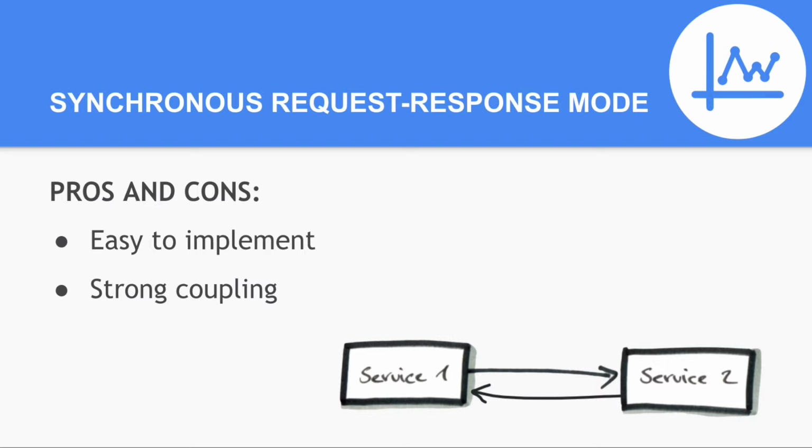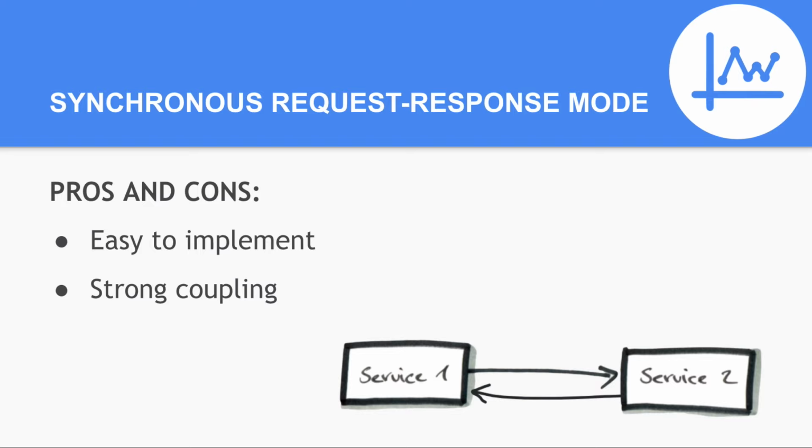In this mode, the first service sends the second service a request with a message over the internet, and the second service receives the sent request, processes it based on the received information, and finally returns the first service a response with the information that was requested. The advantage of this mode is that it is easy to implement.